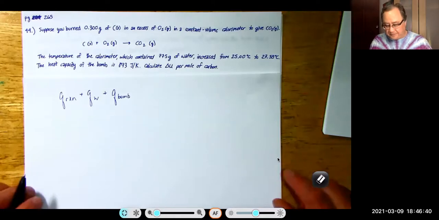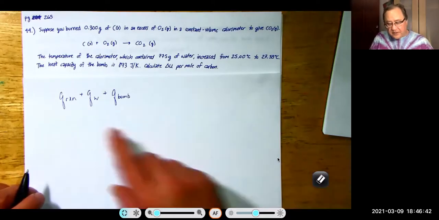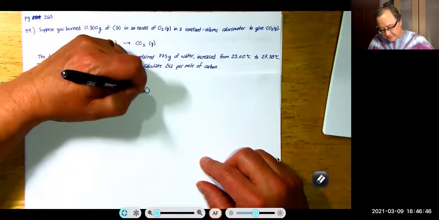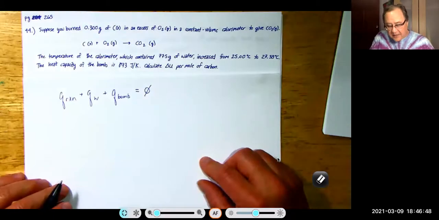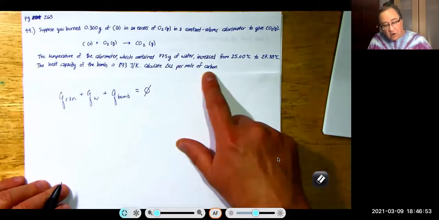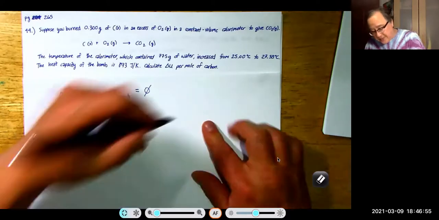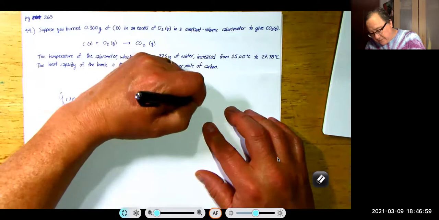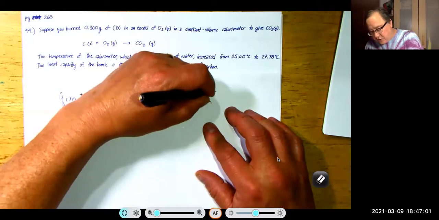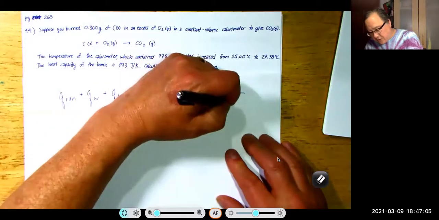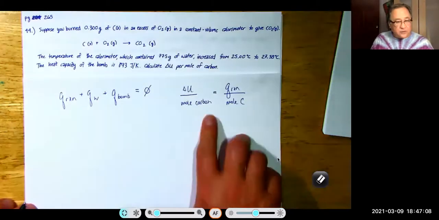All right. So these are all the things that are sharing energy, and we say that's equal to 0. Now we want to get the delta U per mole of reaction. For all practical purposes, that delta U per mole of carbon is going to be Q of the reaction over the moles of carbon. So that's what we want to do.